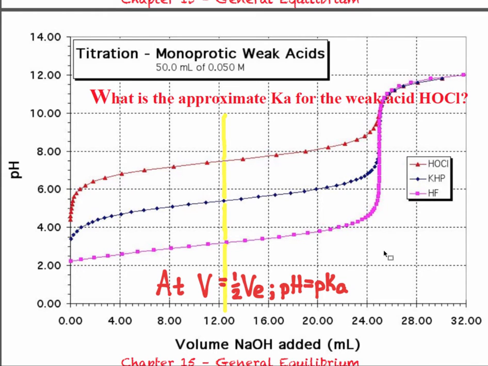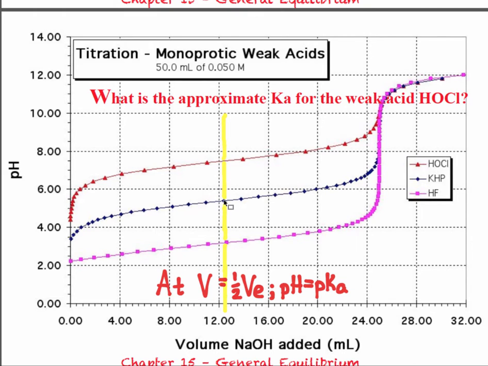But in any case, if the equivalence point was about 24, 25 milliliters, half of 25 is 12 and a half. So right about here somewhere, for this acid, the pH equals the pKa at the halfway point. So looks like the pH here is about 3, so the pKa must be about 3, and therefore the Ka is 10 to the negative 3.